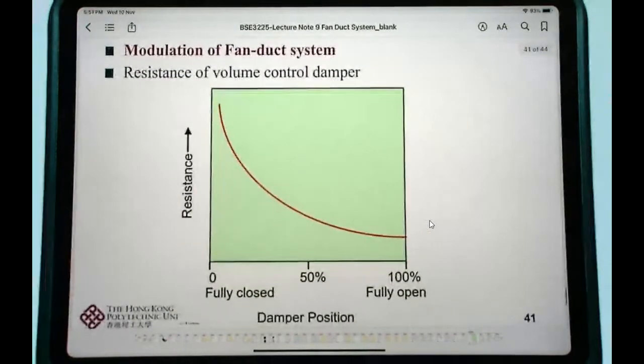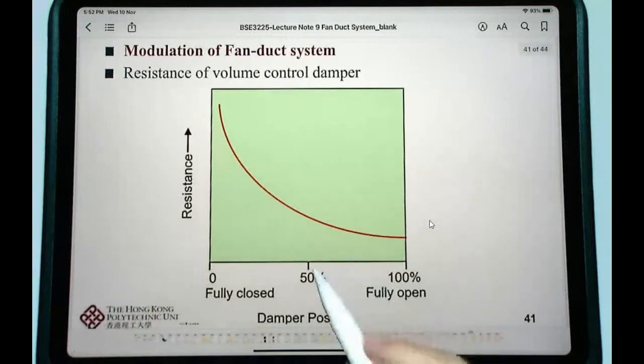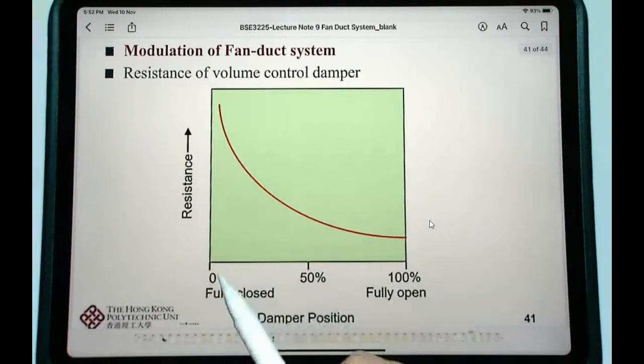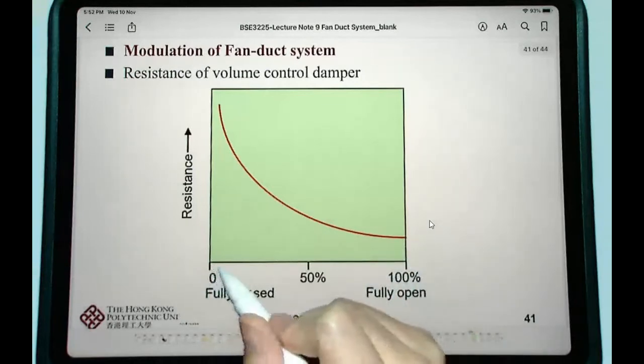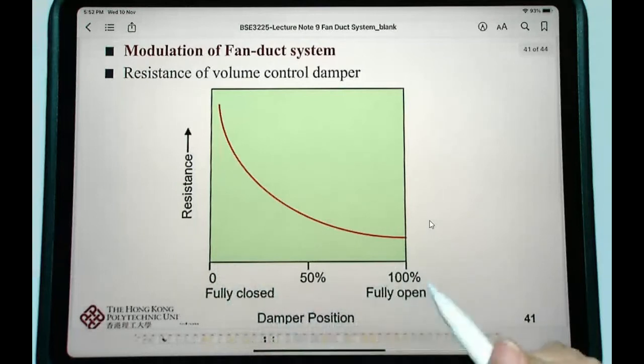The volume control damper is prevalently used in HVAC systems. In terms of damper position, it can vary from fully closed to fully open. If we assign fully closed to 0 and fully open to 100%, we can form our horizontal axis.